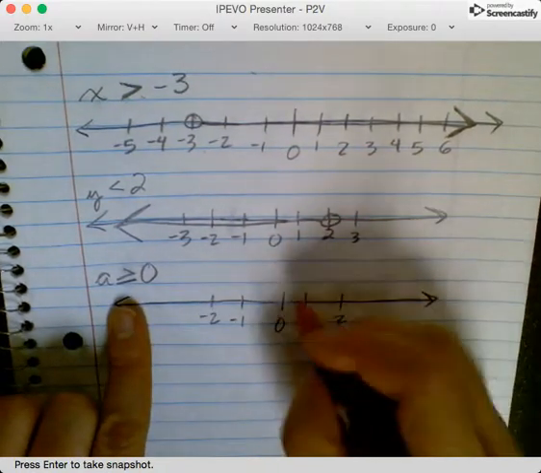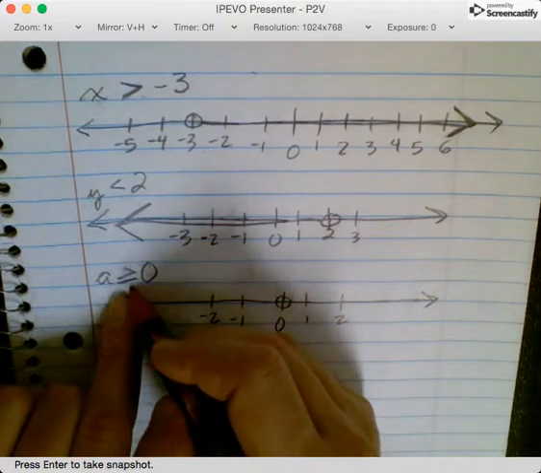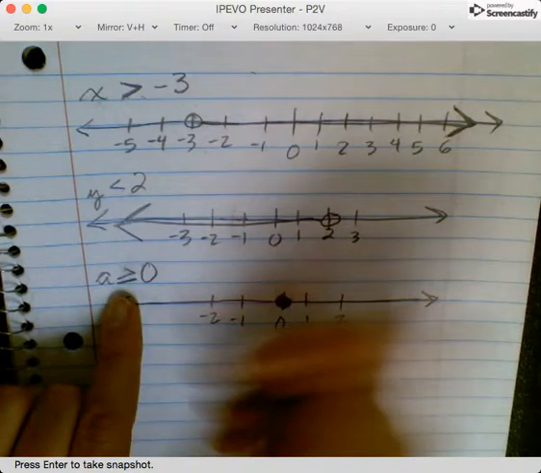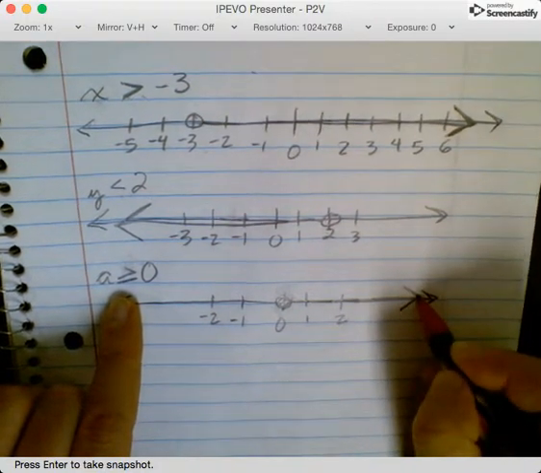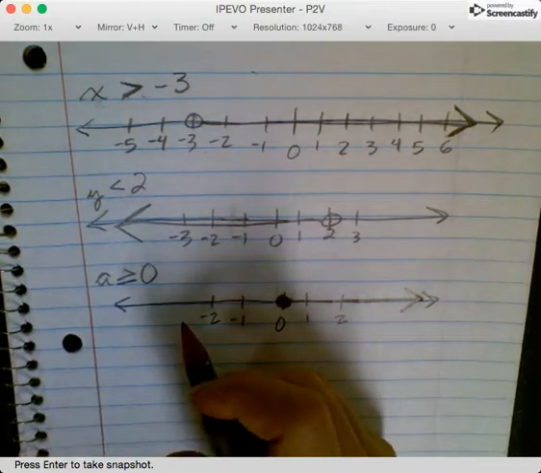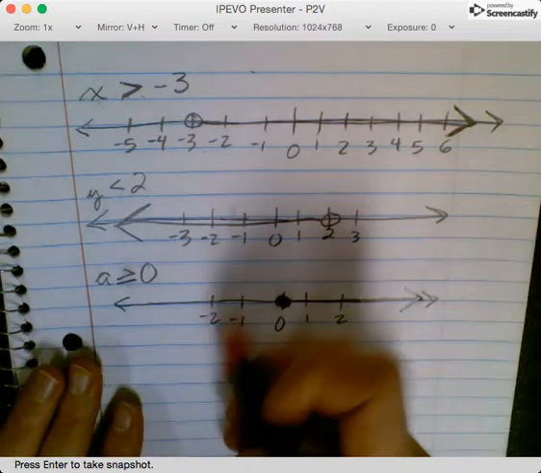Okay, so I have this reference point at 0. It says or equal to, so I fill that one in actually. And then if it's greater, it's going to be to the right. If it's less, it's to the left. So if you think about left, less, that can help you remember.